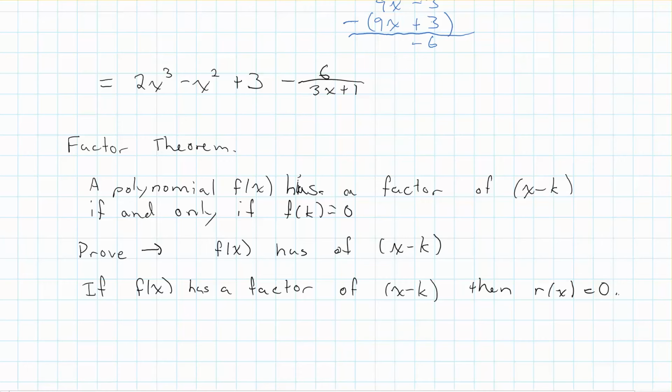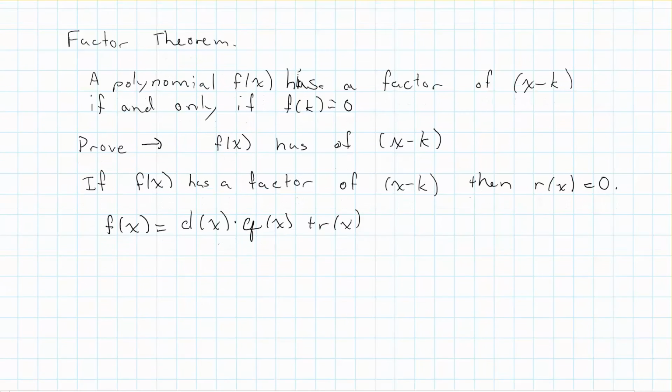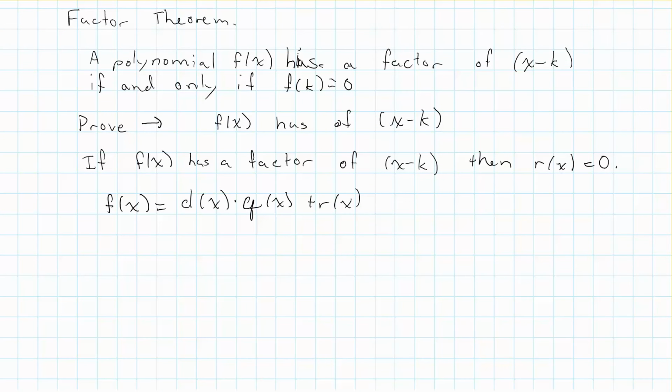So let's write my division algorithm down. F at x is equal to d at x times q at x plus r at x. Now, what am I dividing by? Well, because it's a factor, I'd be dividing by x minus k.